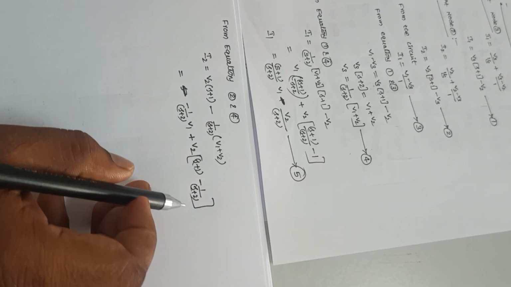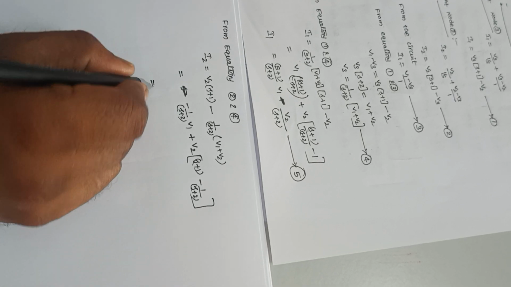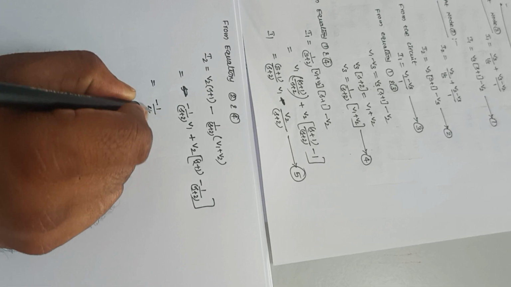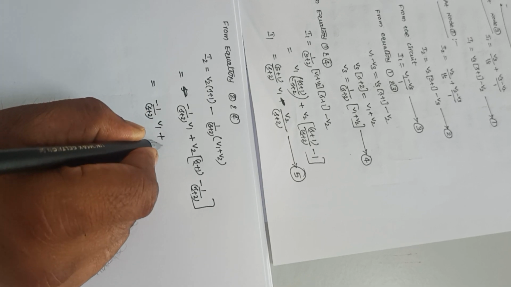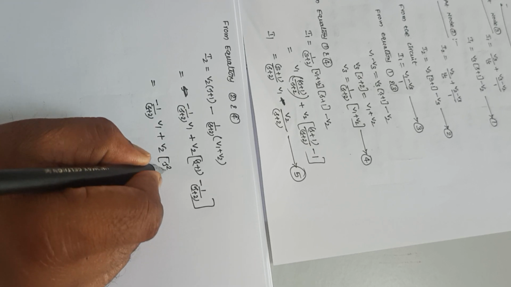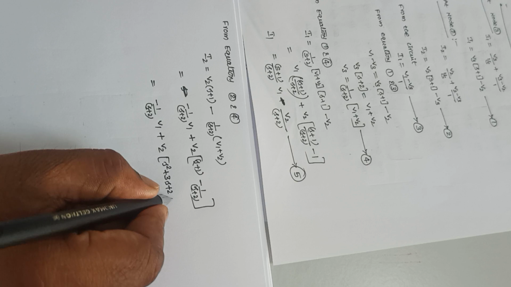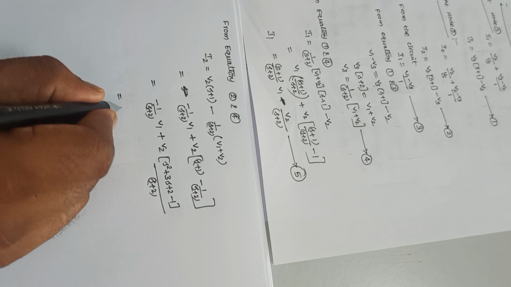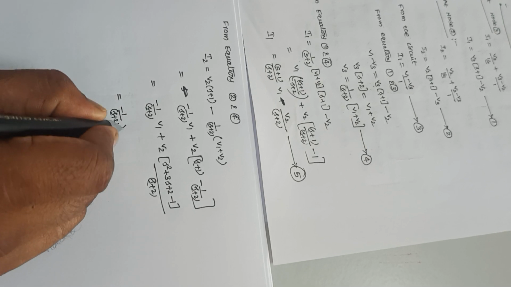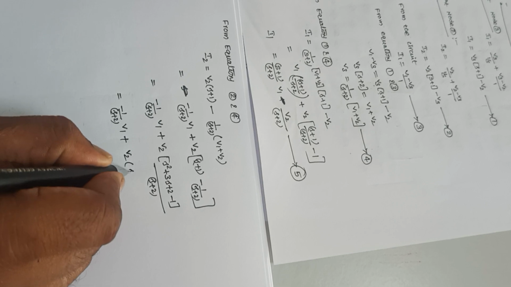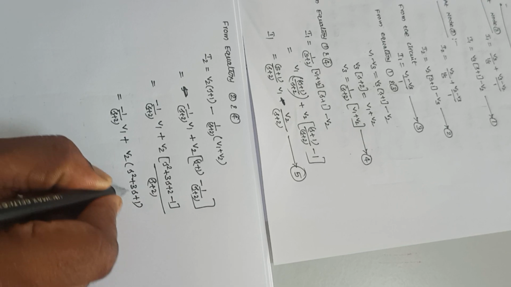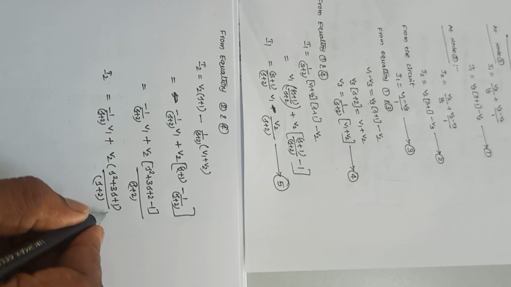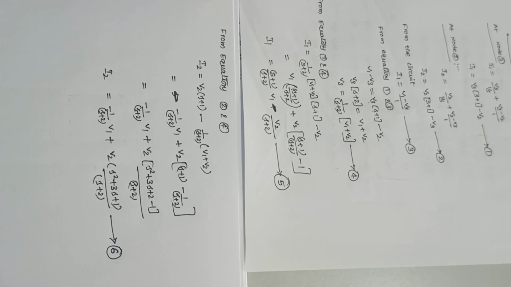So this is minus 1 by S plus 2 into V1 plus V2 into S squared plus 3S plus 2 minus 1 divided by S plus 2. So it is equal to minus 1 by S plus 2 into V1 plus V2 into S squared plus 3S plus 1 divided by S plus 2. So this is I2. Let us consider this equation as 6.